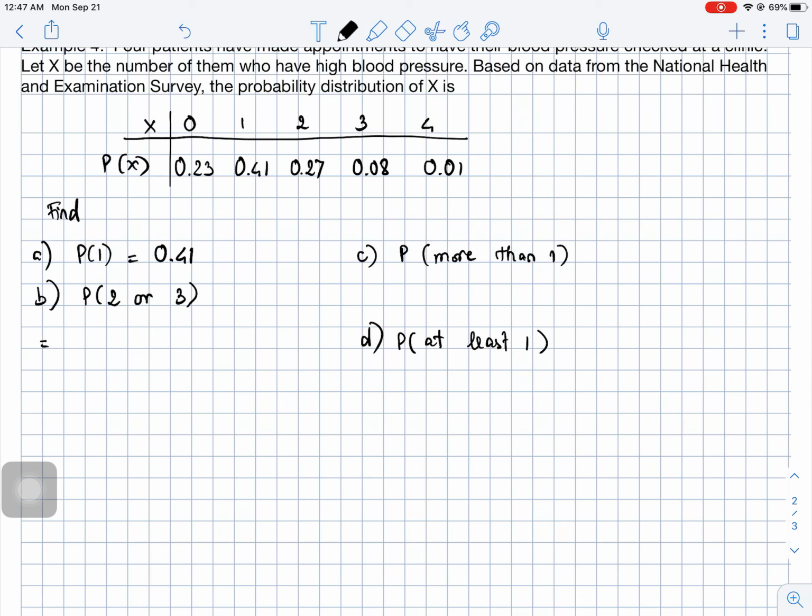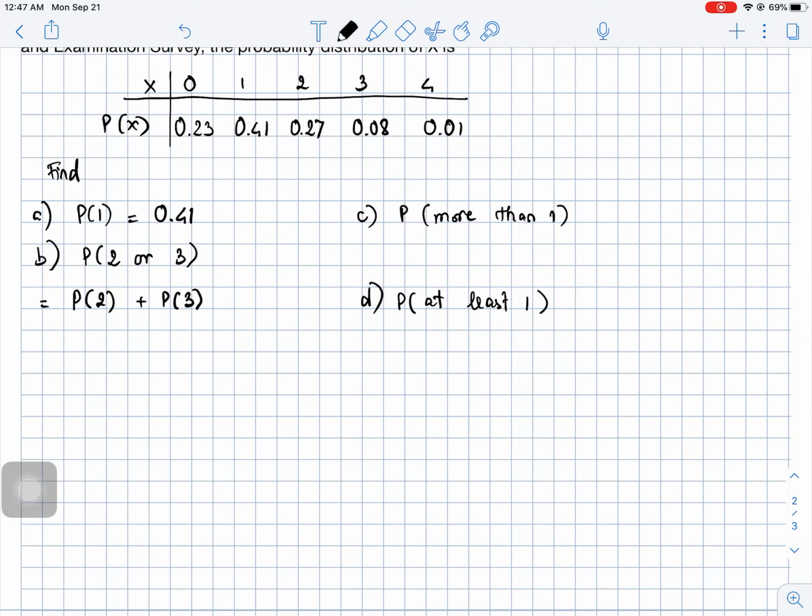In part B, the probability of 2 or 3. You remember the word or in chapter 5 before, we use the addition property. Then we have the probability of 2 plus the probability of 3. Because of the or, we add, okay? And 2 and 3, they are disjoint.